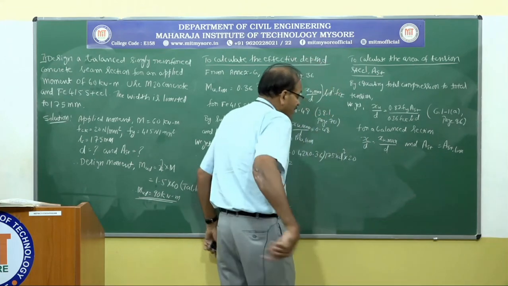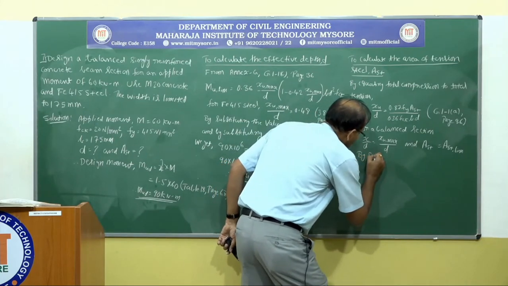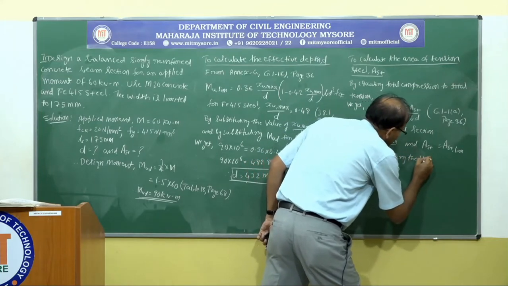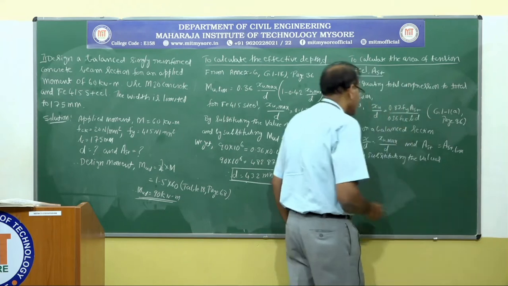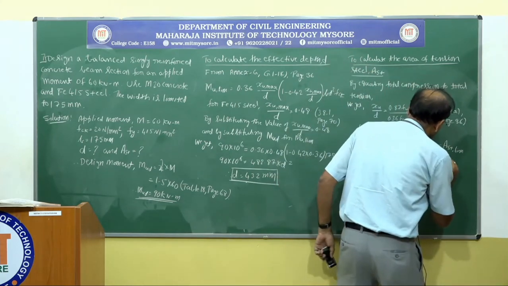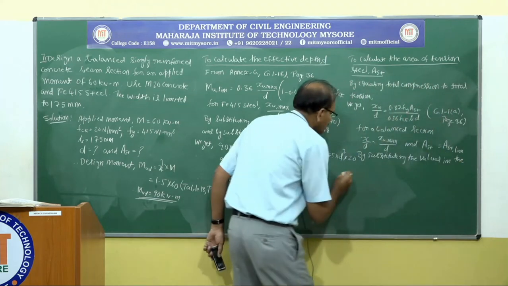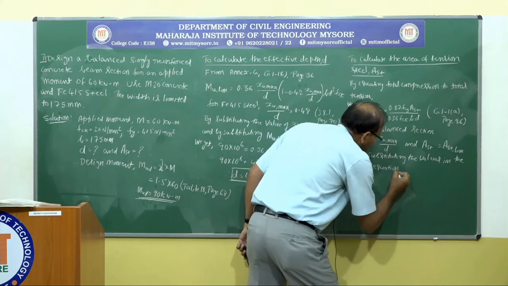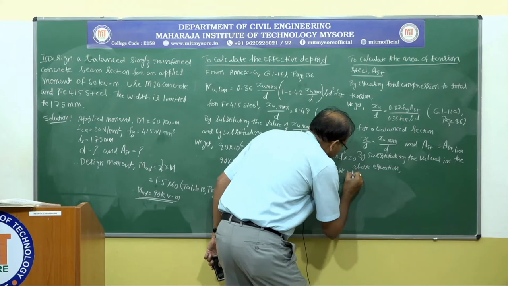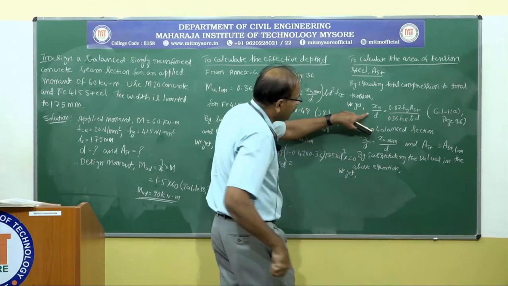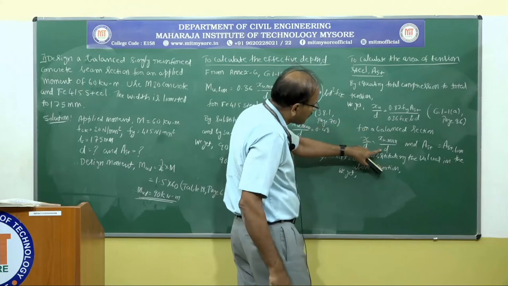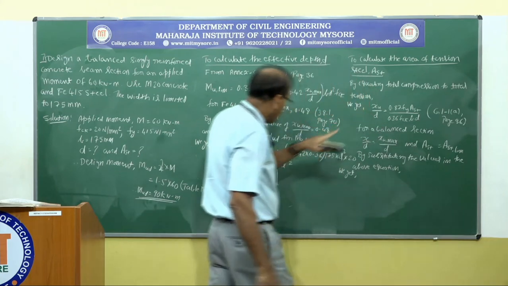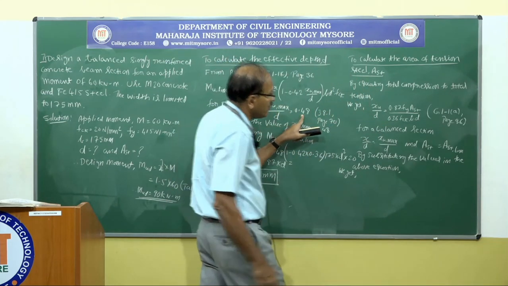Okay, so by substituting the values in the above equation, in place of xu by d, I am going to substitute xu max by d. For a balanced section with Fe 400, xu max by d equal to 0.48.